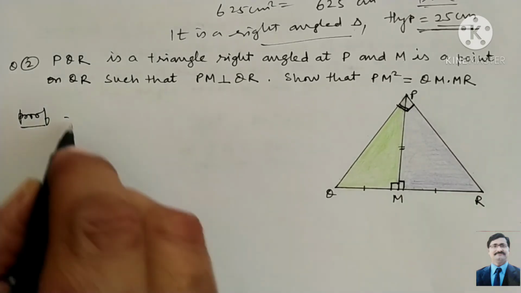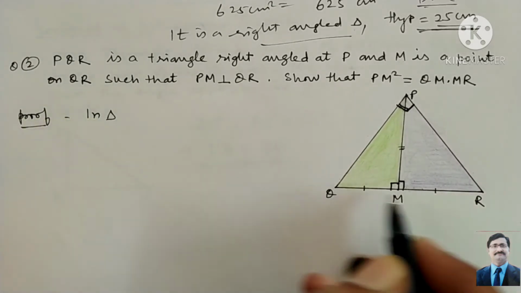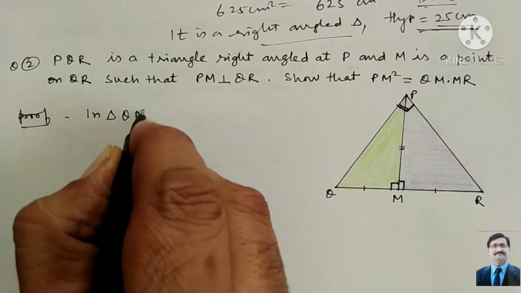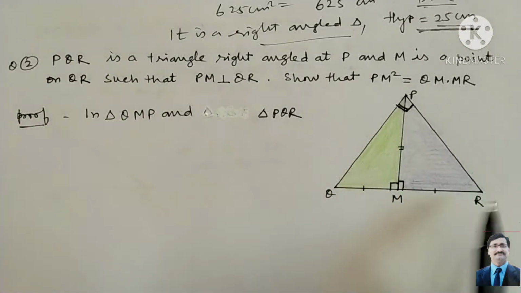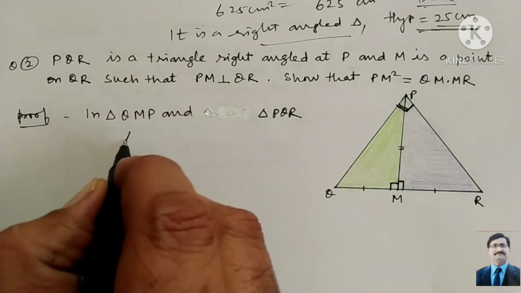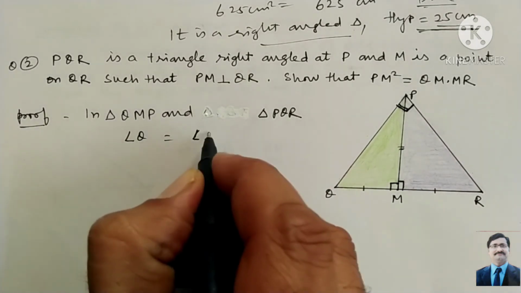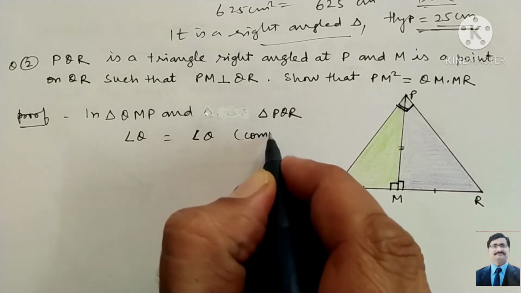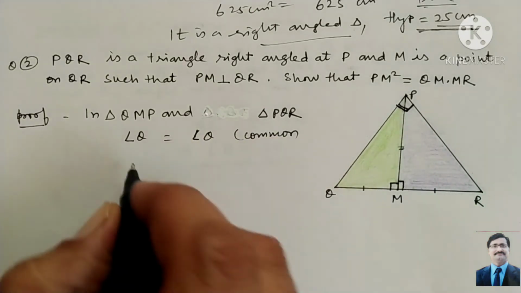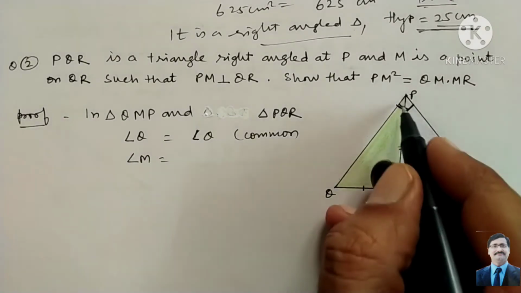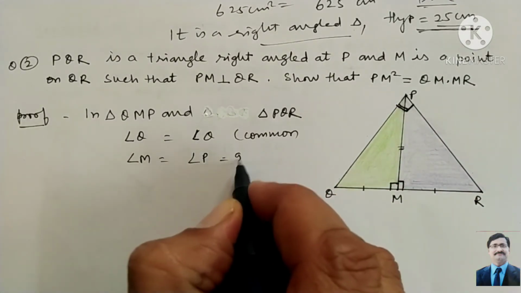We can write in triangle QMP and triangle PQR. In these two triangles we can check angle Q equal to angle Q. This is common. And look here, angle M and here angle P, this is 90 degrees.